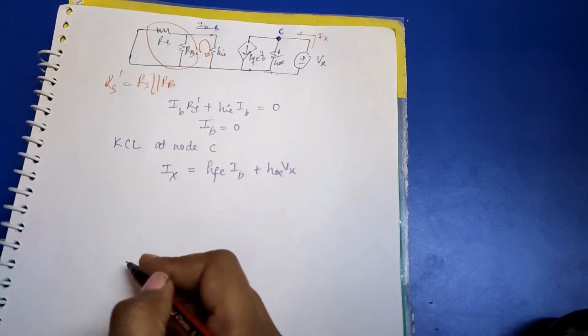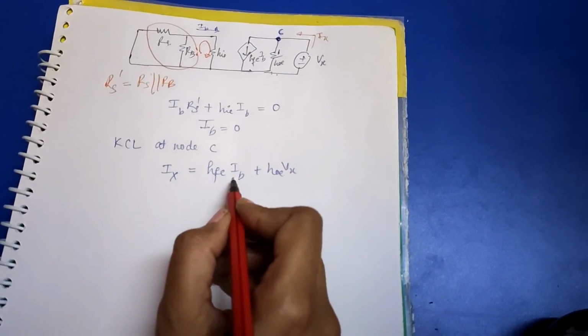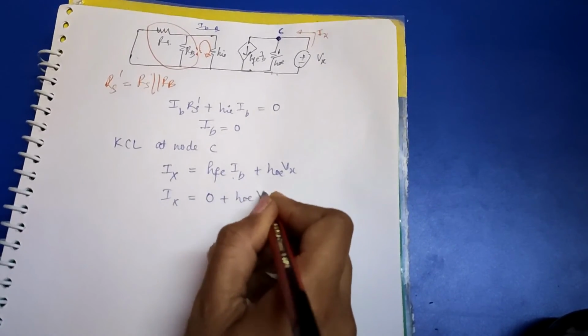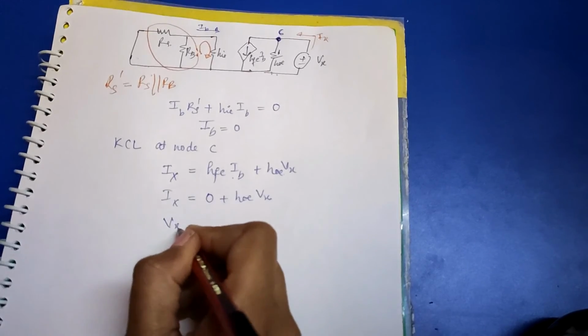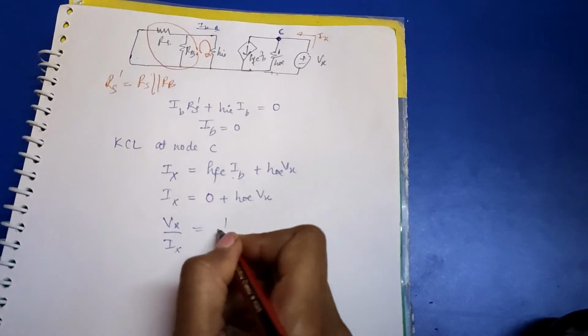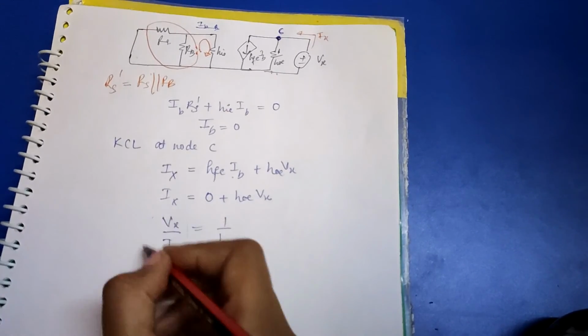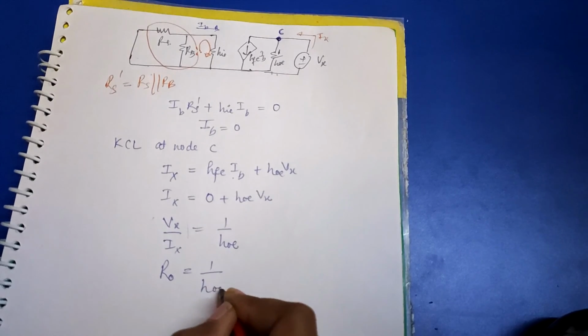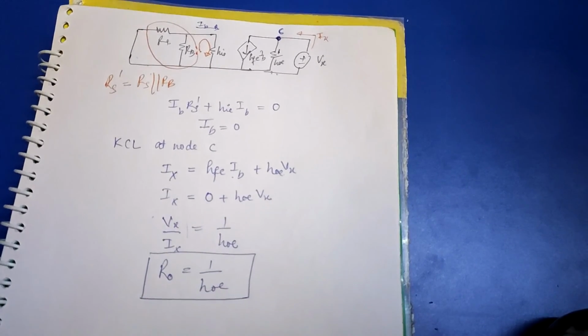Okay, so from here IB is 0, so Ix will become 0 plus my HOE into my Vx, and Vx by Ix, just rearranging the terms, I'm getting 1 upon my HOE, and this V by I is nothing but the output resistance, which is equal to 1 upon my HOE. Okay, so this is the formula for output resistance.